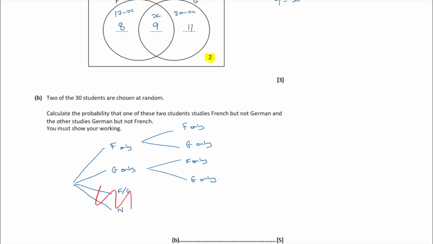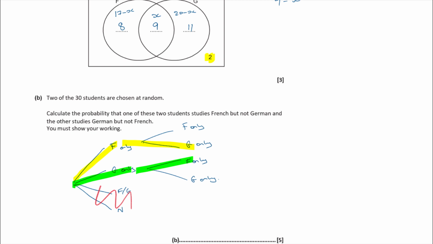So if I want to have one of each, 1 French only, 1 German only, I could get French only on the first go, and then I'd have to go German only after that, wouldn't I? Or I could go German only first and then French only. So they're the 2 routes through that I would need.